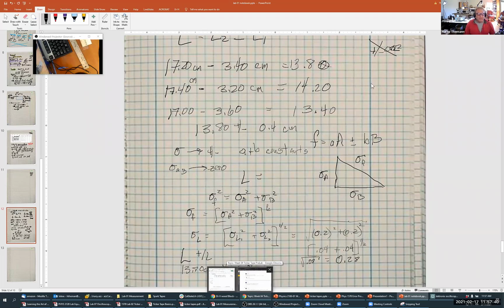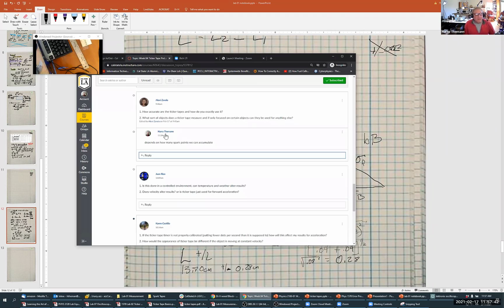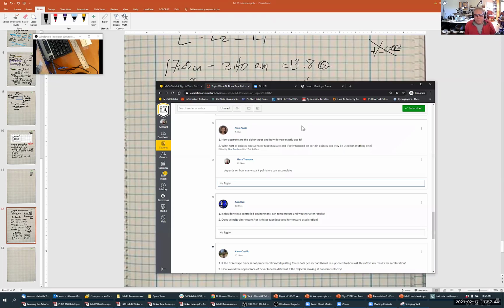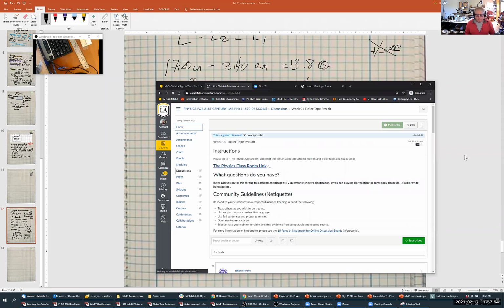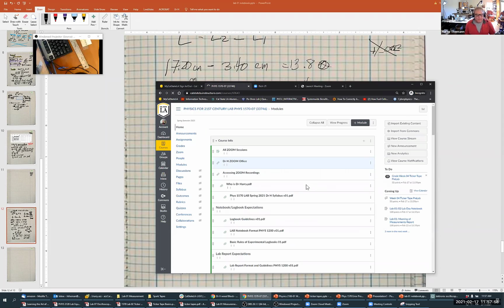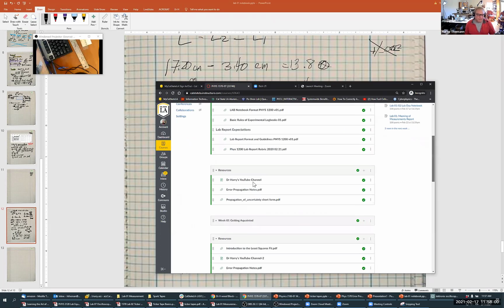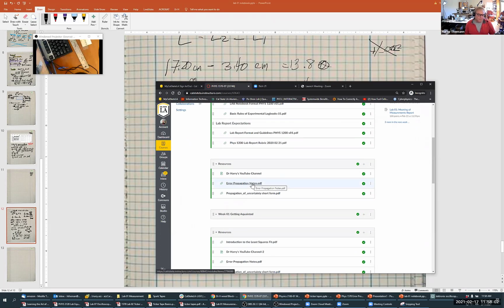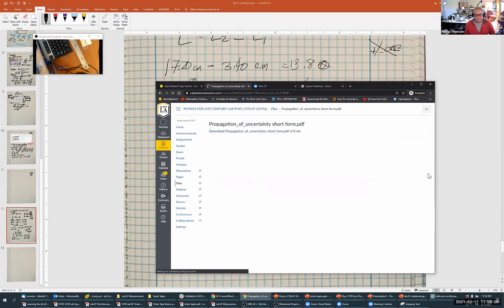And you go to, oops, scroll up. Excuse me. So go to short form because you'll just lose your mind if you look at this one. The math is really heavy. Propagation of uncertainty.